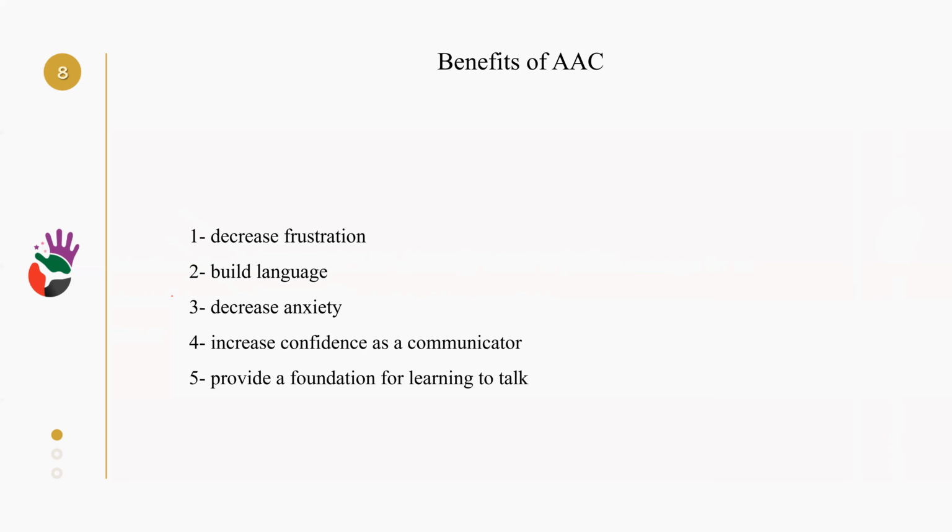So by using assistive technology, it can make him more independent, which affects his personality and development, and by the end, self-regulation. It builds language, so he can communicate with others and express his needs, feelings, and all of that. It decreases anxiety, increases confidence as a communicator, and provides a foundation for learning to talk.